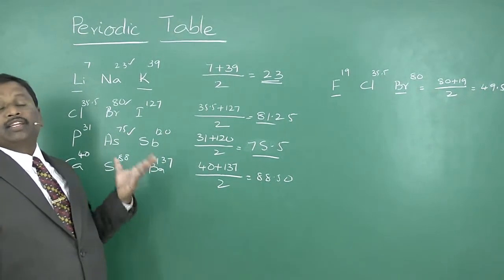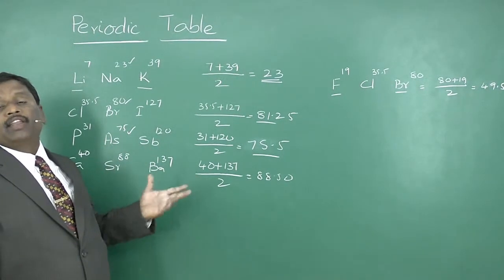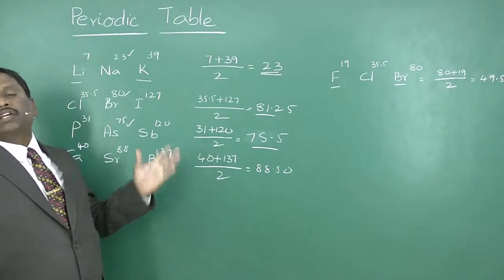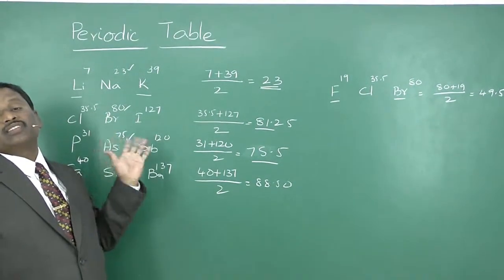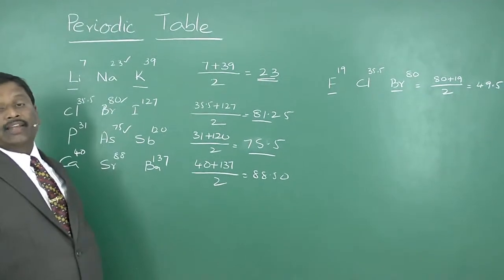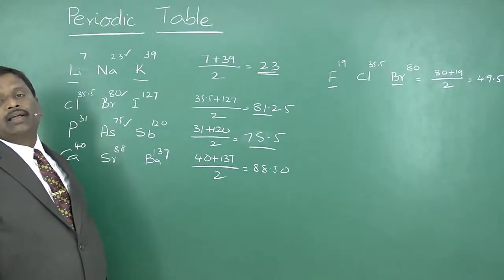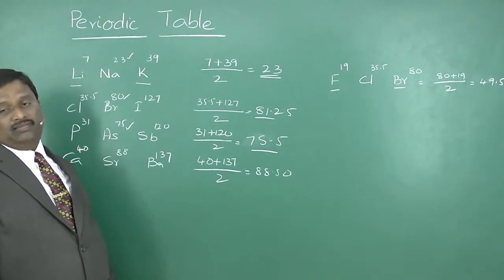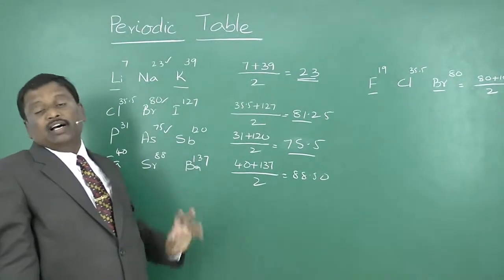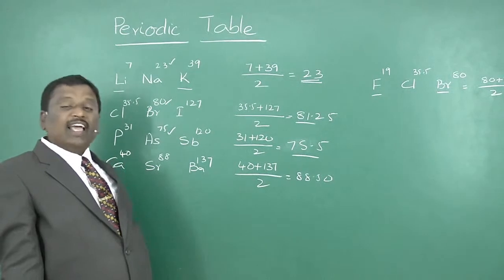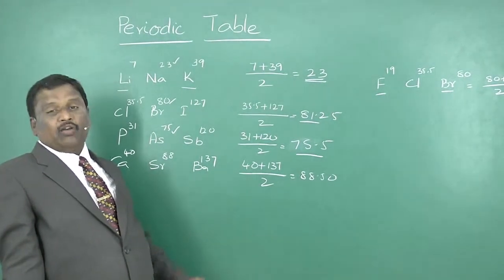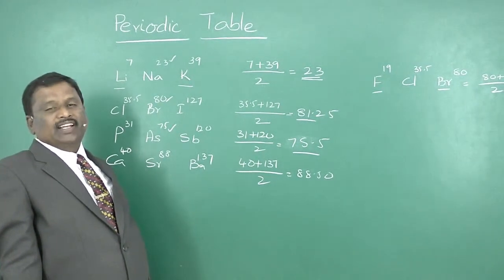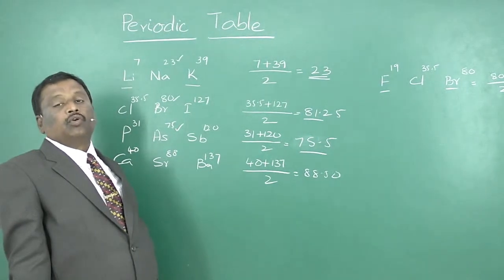The arithmetic mean, that means the atomic weight of the middle element, is in no way concerned with the arithmetic mean of the first and the third elements. That's why this law failed to fulfill the needs of classification which we require to study the properties of all elements.